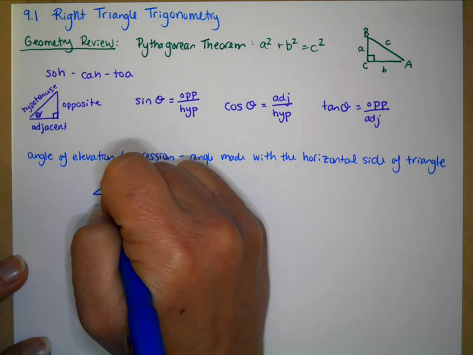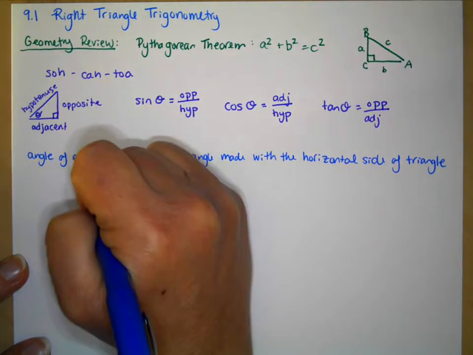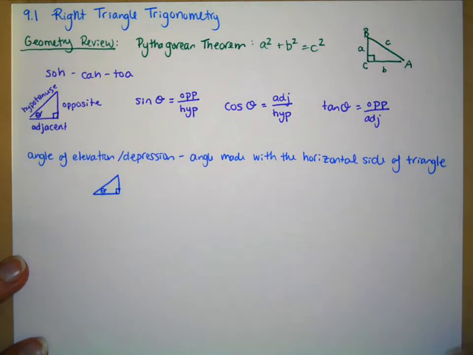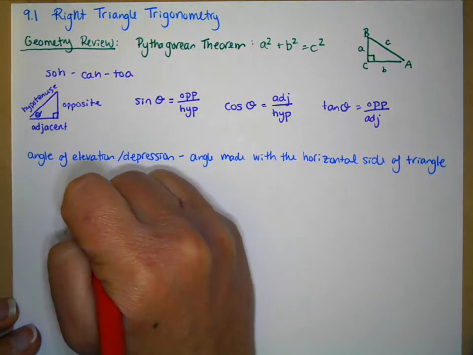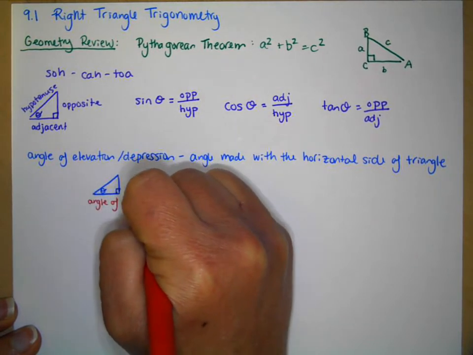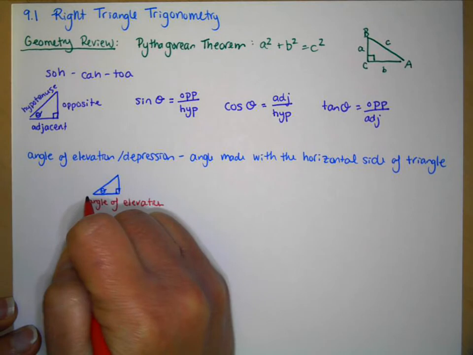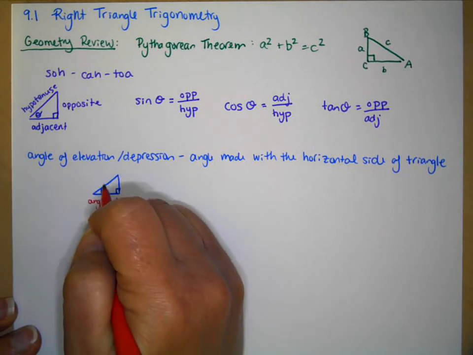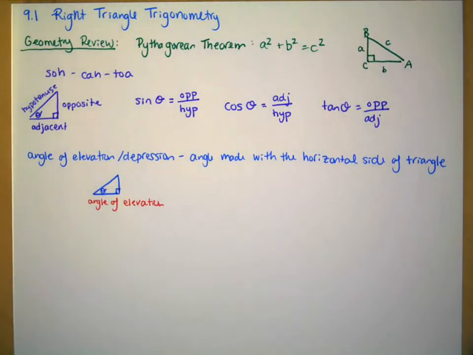If I have a right triangle like this, that angle there would be the angle of elevation. You're standing down here and looking up. That angle you're looking up gives you your angle of elevation.